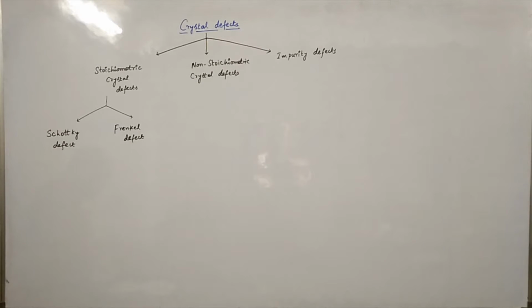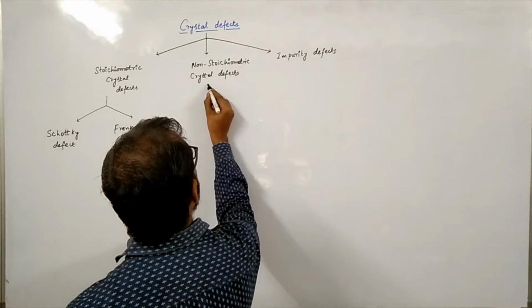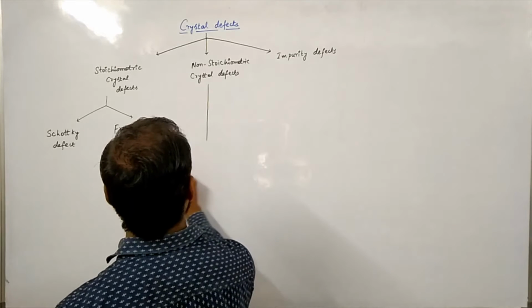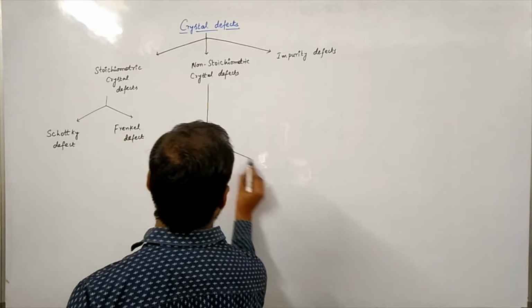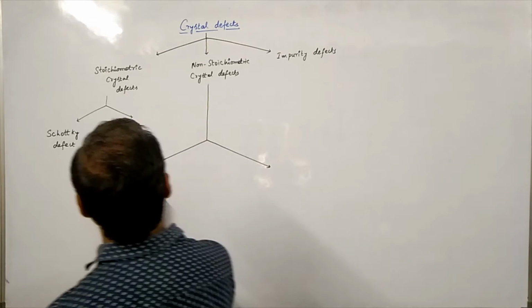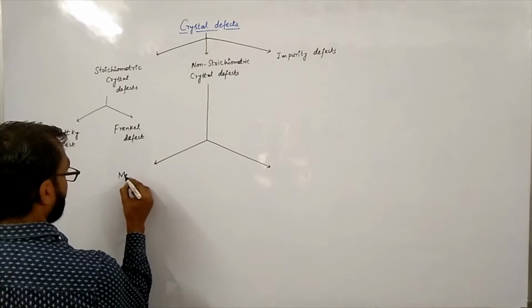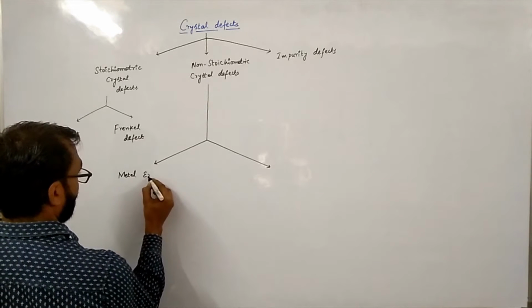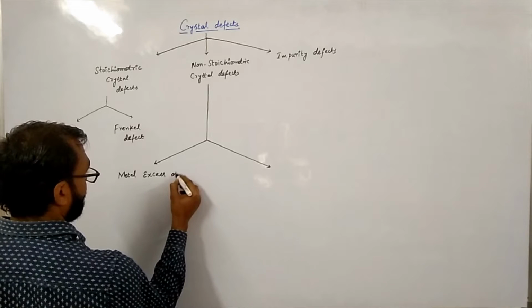Non-stoichiometric defects are classified into two types: metal excess and non-metal excess defects.